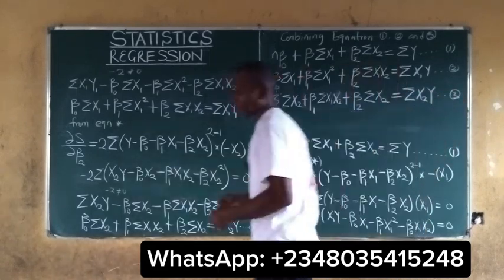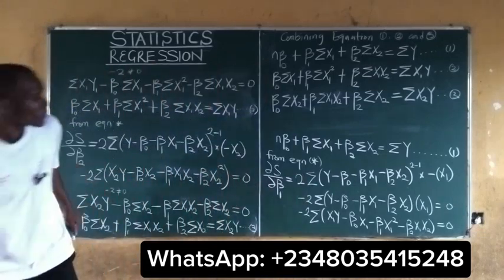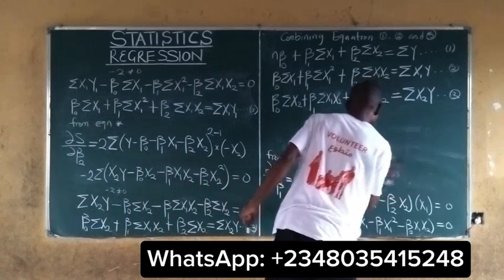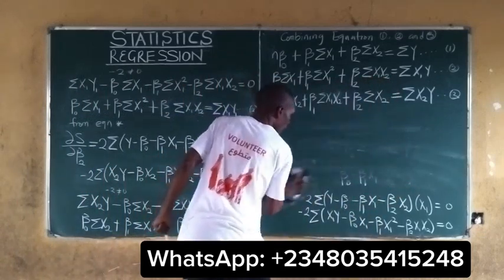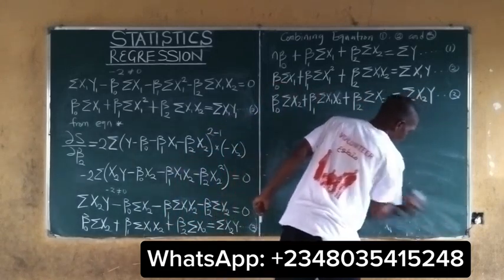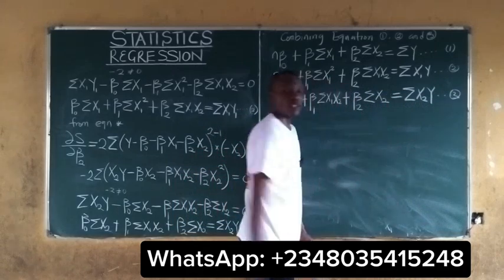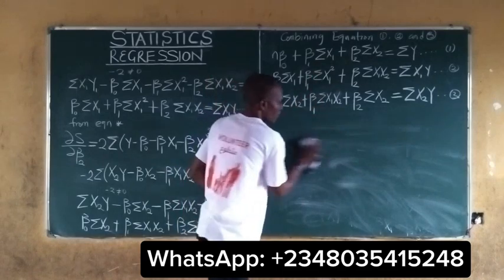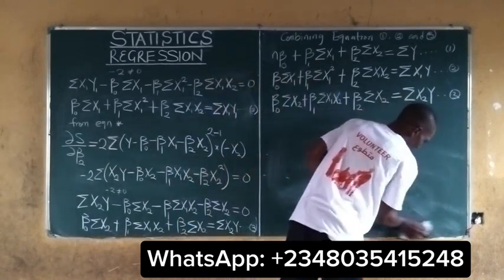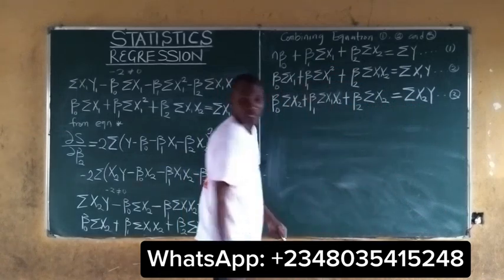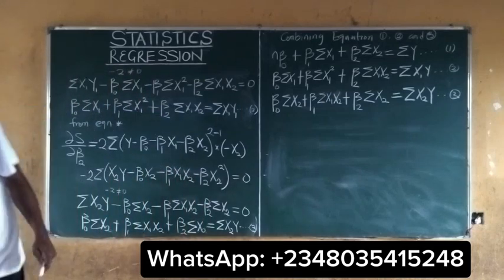This is equation 3. So the next thing to do, as we can see, we cannot readily bring them out easily. The next thing to do is to put them in matrix form. If we want to get the solution of this, we put the whole of this in matrix form, and if we understand that concept, it will be very easy to compute.